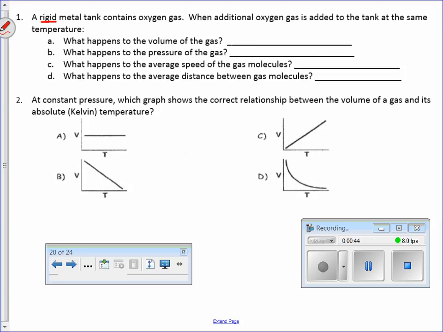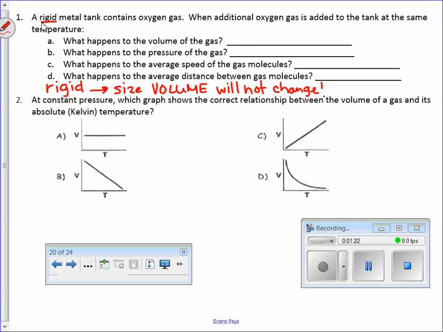Rigid means that the size, or more specifically to us, the volume of the container will not change. Because if that container expands, it will explode. And if that container is compressed, it will collapse. So the size of the container, the volume of the container is what it is.